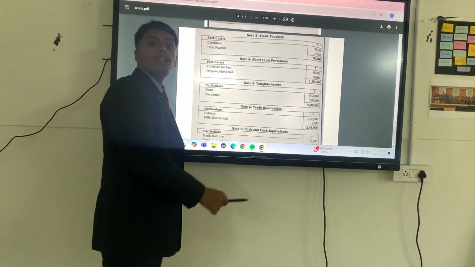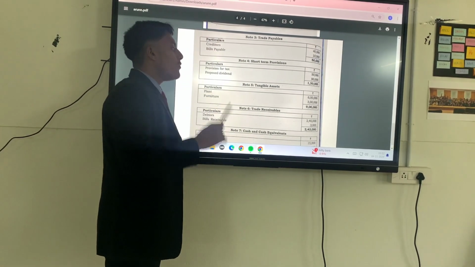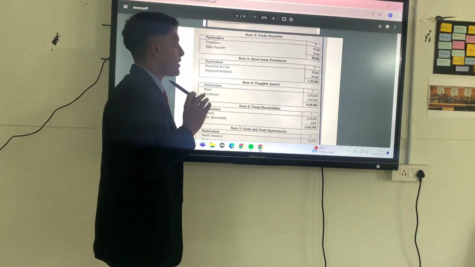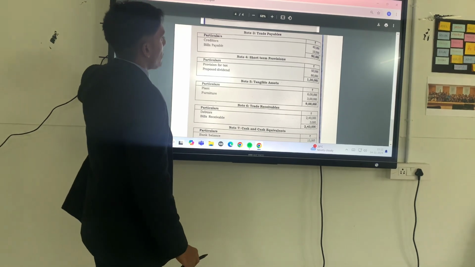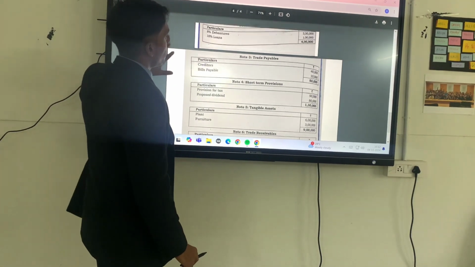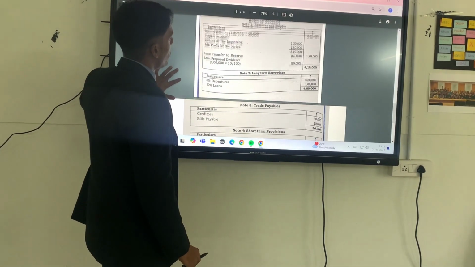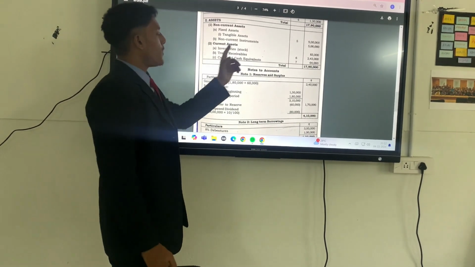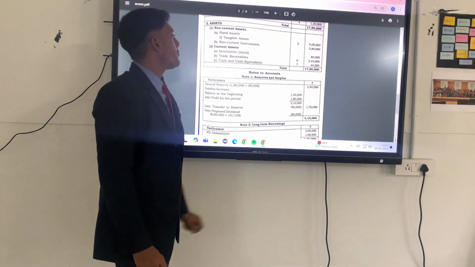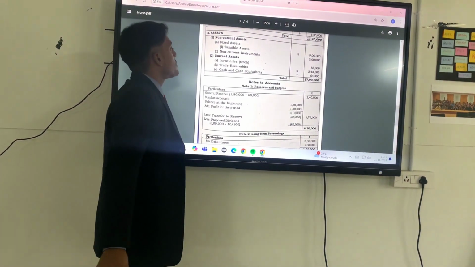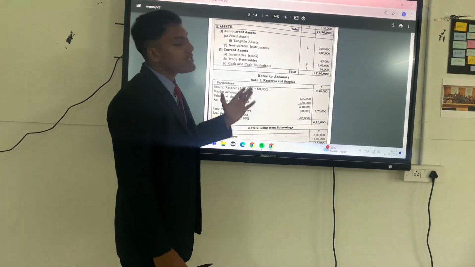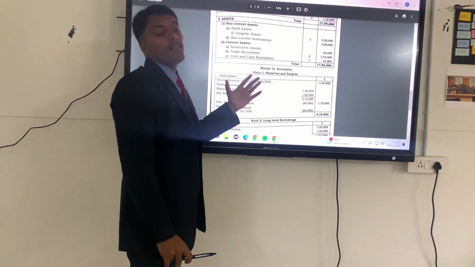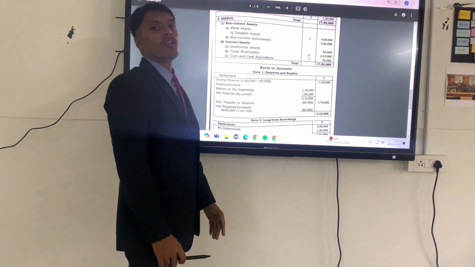Then comes furniture, that is 3 lakh. Then we add both, 6 plus 3 is 9. So the total is 9 lakh, and it is shown as 9 lakh. Then the next one is non-current investment, which is 5 lakh, given directly in the question. So there is no note or additional workings.